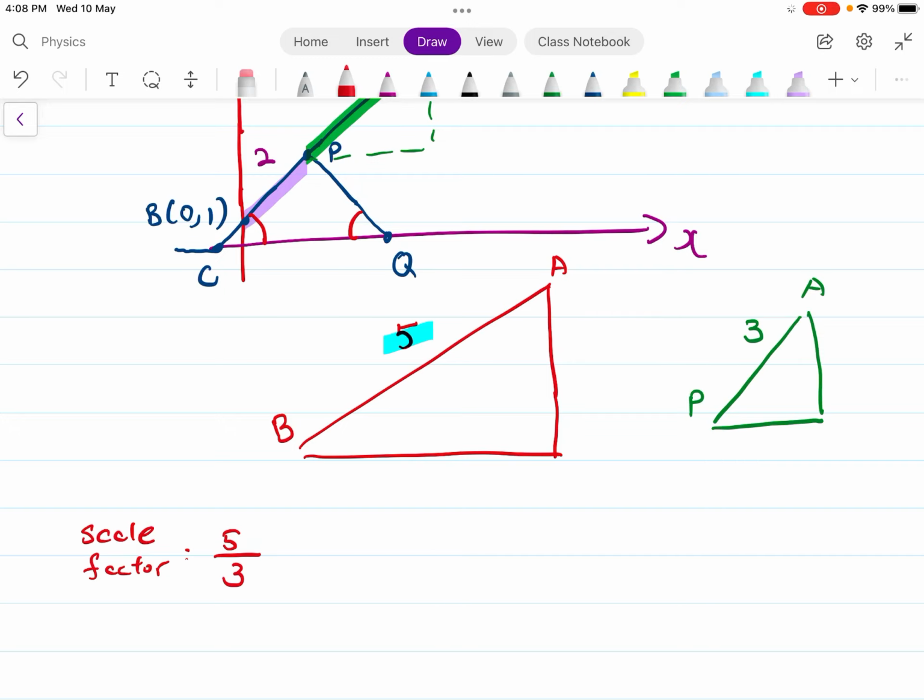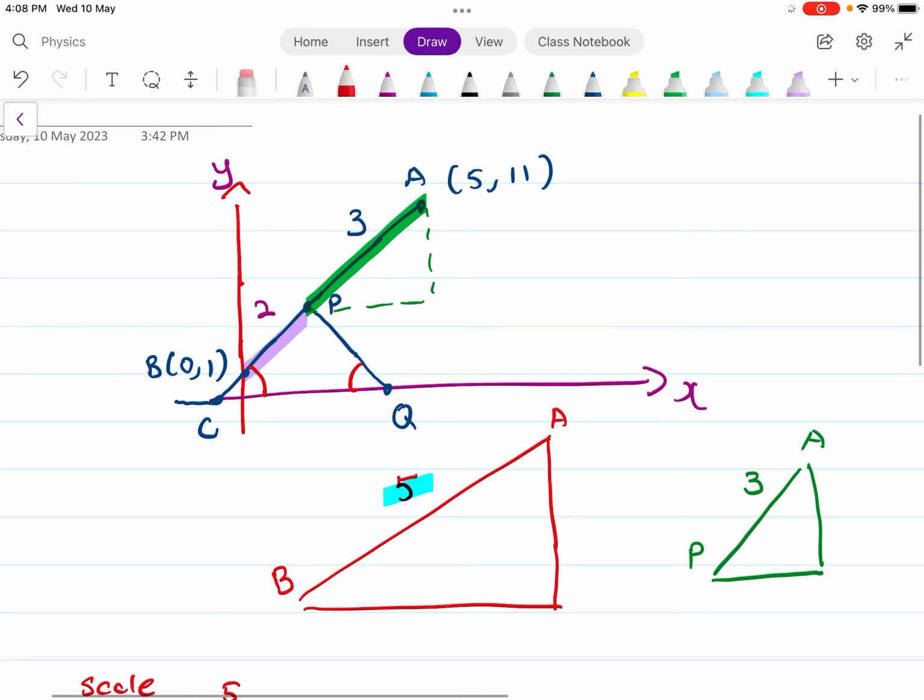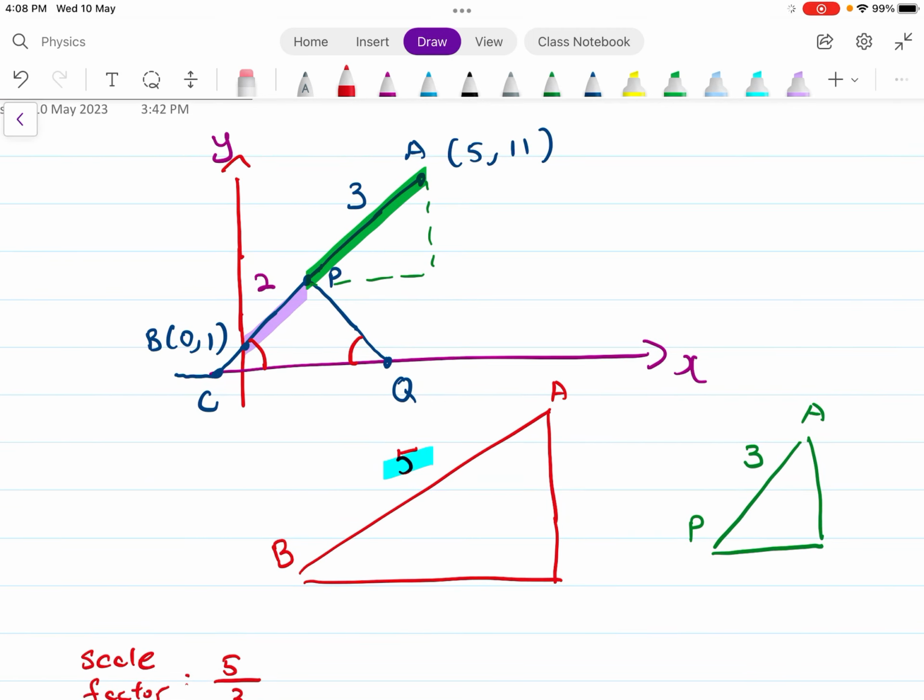Now let's determine the coordinates of P first. Based on this diagram, let me sketch the big triangle, and maybe shade it here.